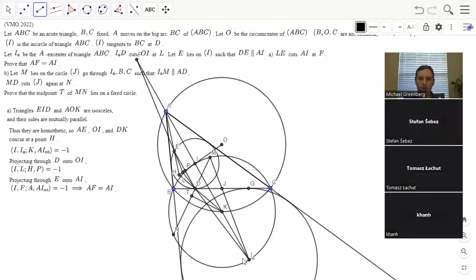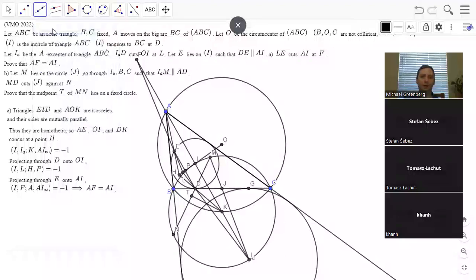And J is fixed too, right? Because J is the midpoint of BC. So I and I_A are going to rotate around the circle. I_A is always going to meet J at M. And it suffices to prove that the intersection of DM and KJ is fixed.